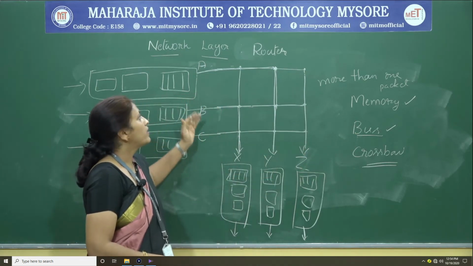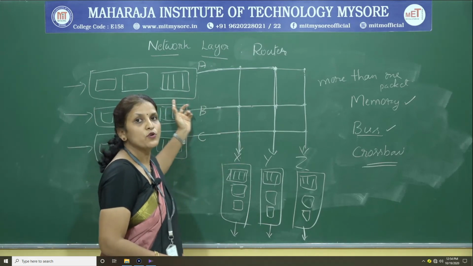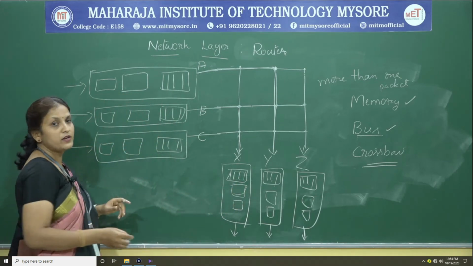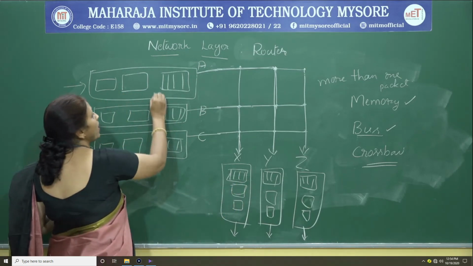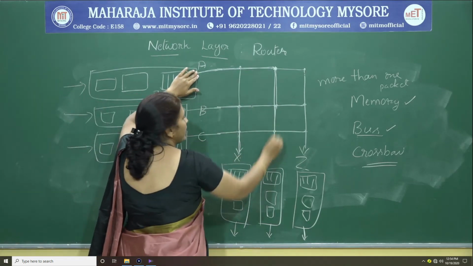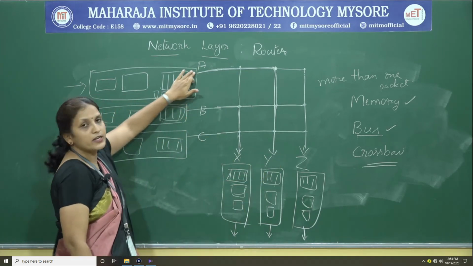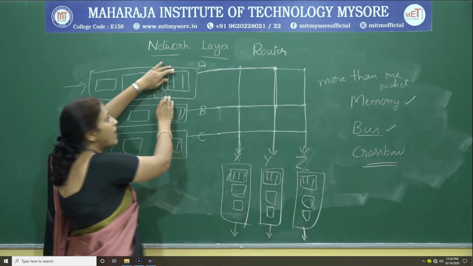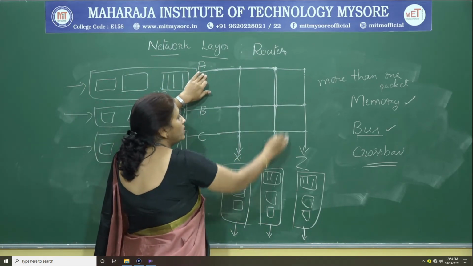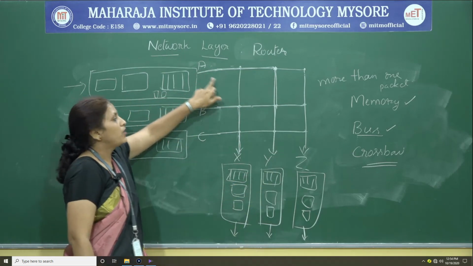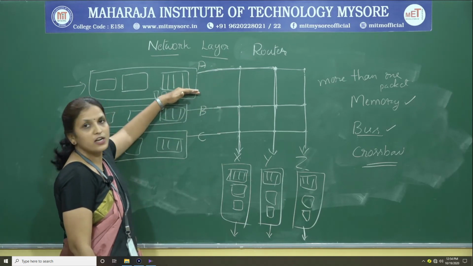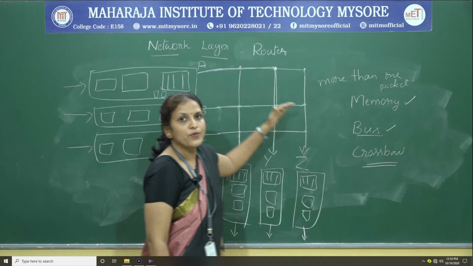Simultaneously we can transmit packets from different input ports to different output ports, but only one thing: if we have a packet queued at A, and A is already transmitting a packet from A to Y, the remaining packets need to wait for their turn until it finishes. Only after the transmission of the packet from A to Y finishes can we push the remaining packets lined up at port A to the appropriate output ports.